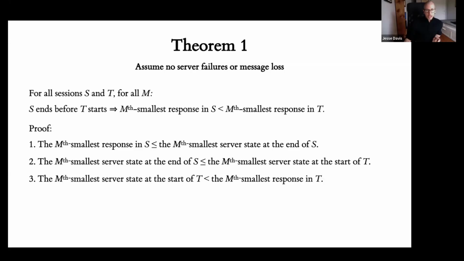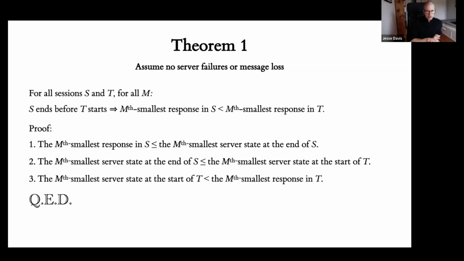Then finally, we take that value, we say the nth smallest server state at the start of T must be less than the smallest response in T, because the client talks to all the servers and it therefore increments all of their values. And therefore, by transitivity, the first value of line 1, the nth smallest response in S, is less than the last value on line 3, the nth smallest response in T, QED.